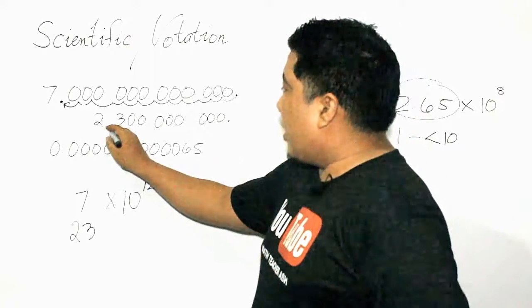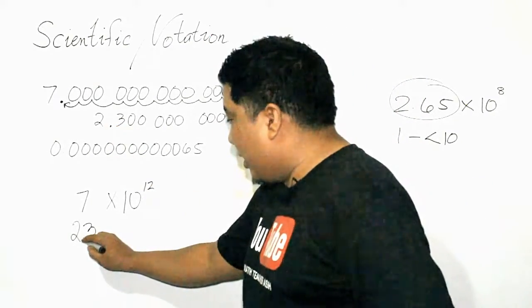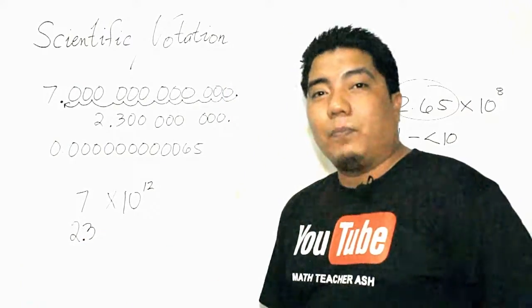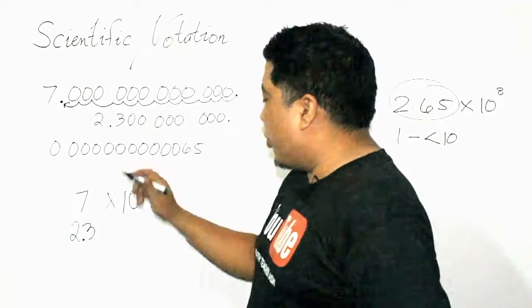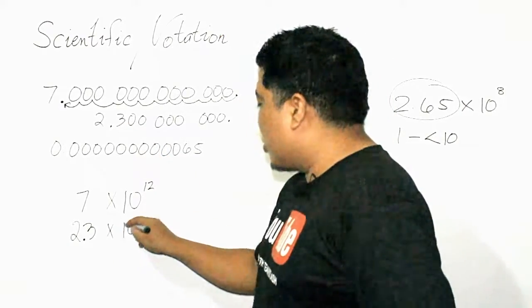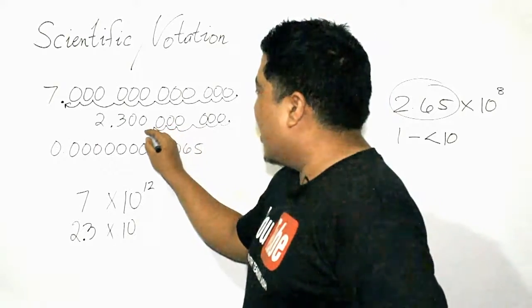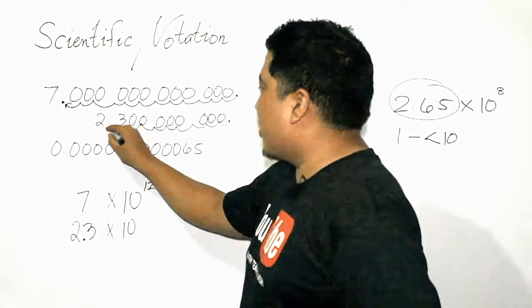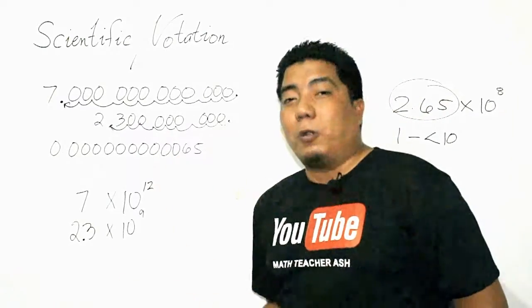However, the decimal point should be between 2 and 3 so that it will not violate the rule, which is from 1 up to 10. So that is 2.3 times 10. So how many movements is that? 1, 2, 3, 4, 5, 6, 7, 8, 9. So that is 10 to the 9th power.